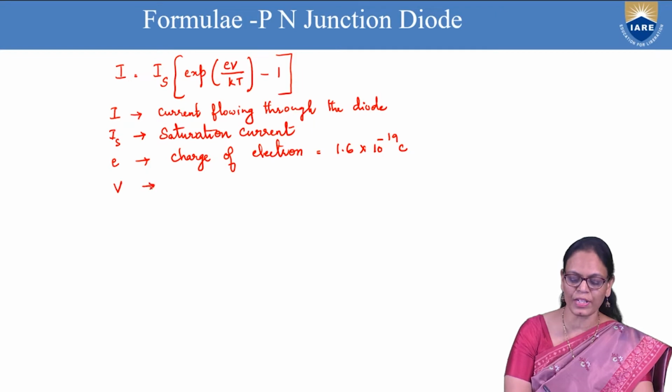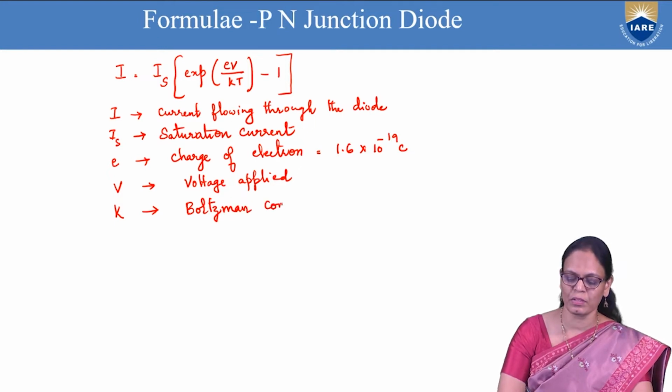V is the voltage applied, due to which we are getting the current. k is the Boltzmann constant, and as it is a constant, its value is 1.38 into 10 to the power of minus 23 joules per Kelvin. And T here represents the temperature.